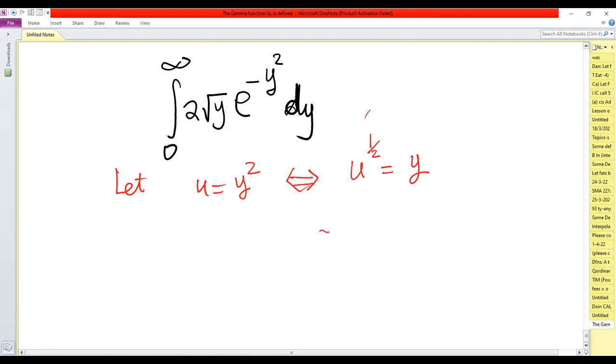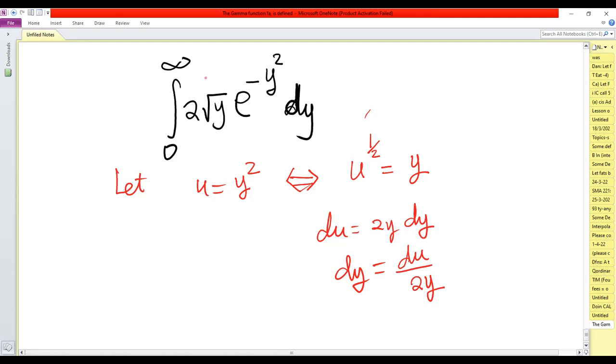And from this one, du is the same as 2y dy, which means that dy is the same as du over 2y.